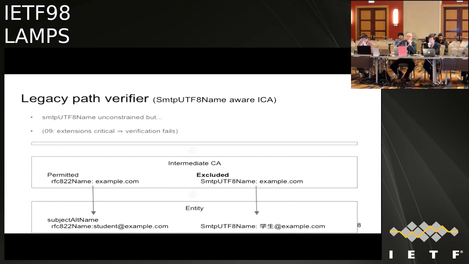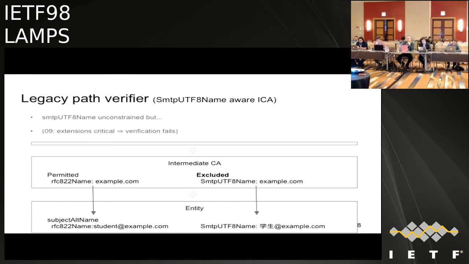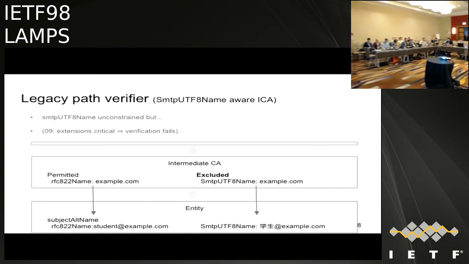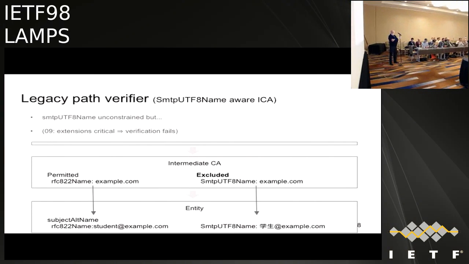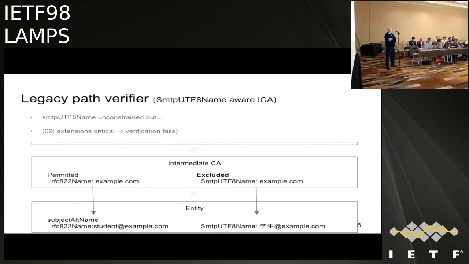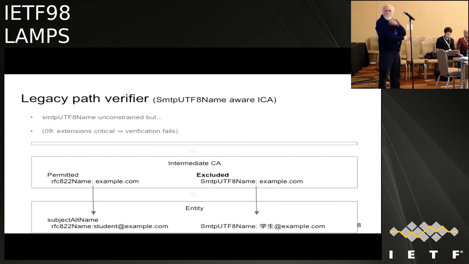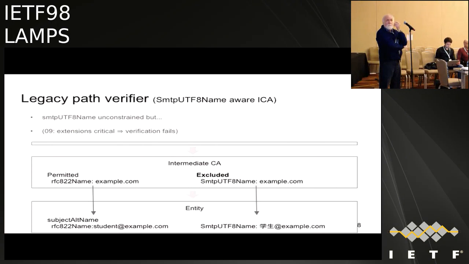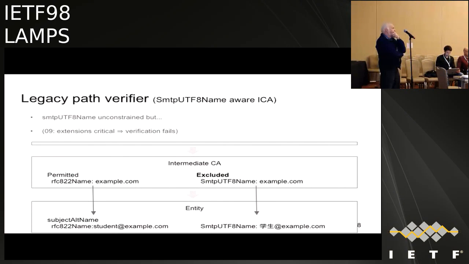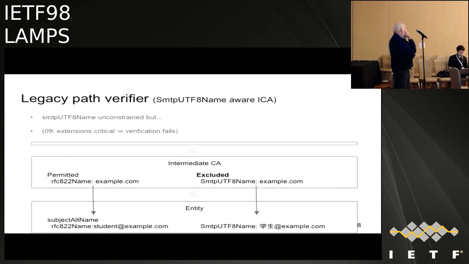Going back to the slide here, my understanding of 5280 and interpretation of how extensions that are marked critical, such as name constraints and subject alt names, is that if a legacy path verifier sees something it doesn't understand, it would fail verification. That was my interpretation.